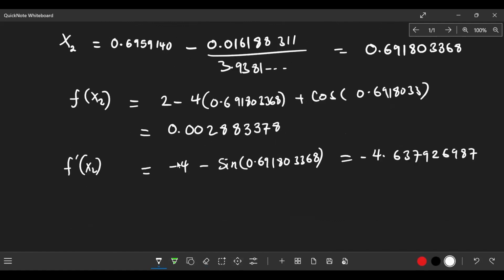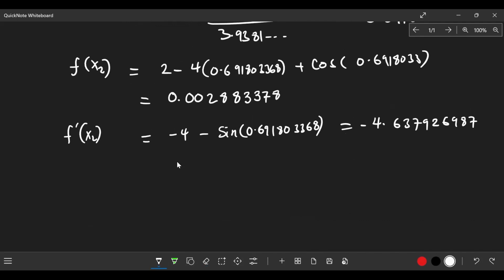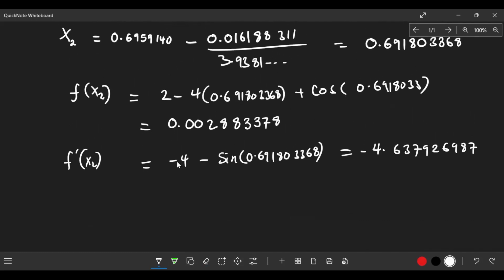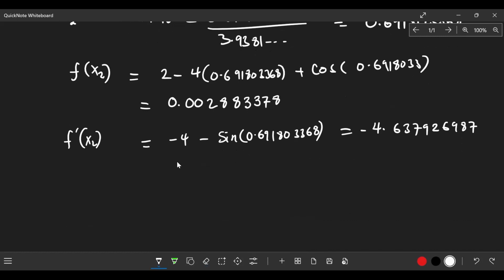All right, so that's what we get. And then now we can go back and substitute. So x3: we go to the previous value, which is 0.691803368, and then there's a minus here.